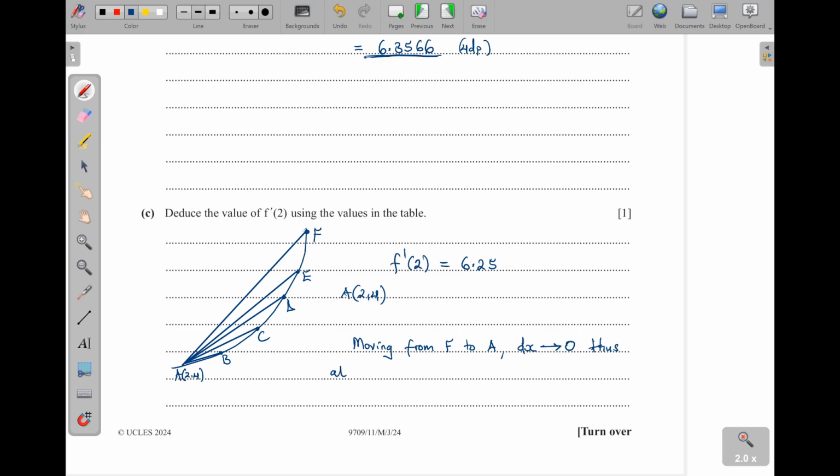Thus, at A, the gradient of the curve equates to that of the tangent.